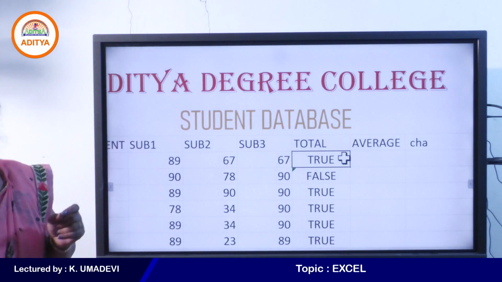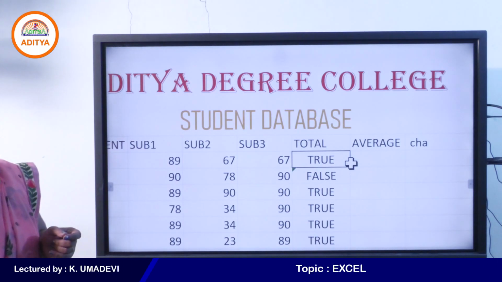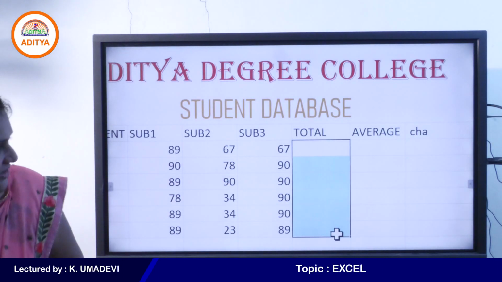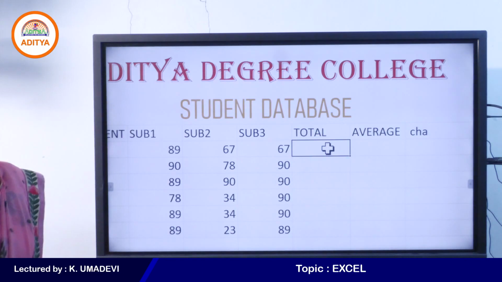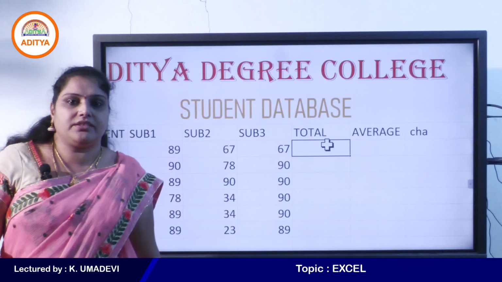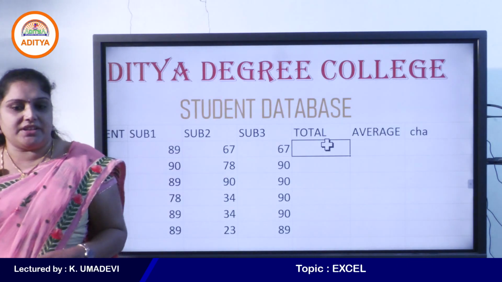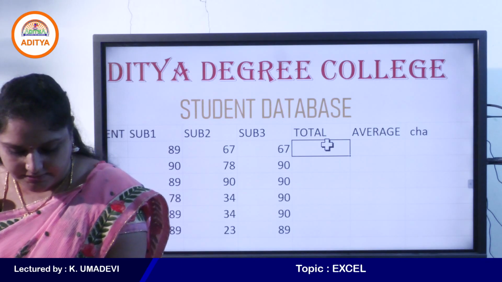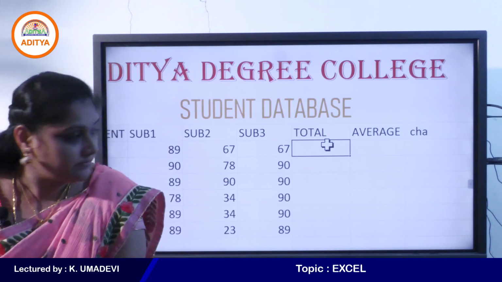first I'll apply the sum function, students. How to apply the sum function? First delete the data. The shortcut key for AutoSum is Alt plus equal to, right students? Alt plus equal to.